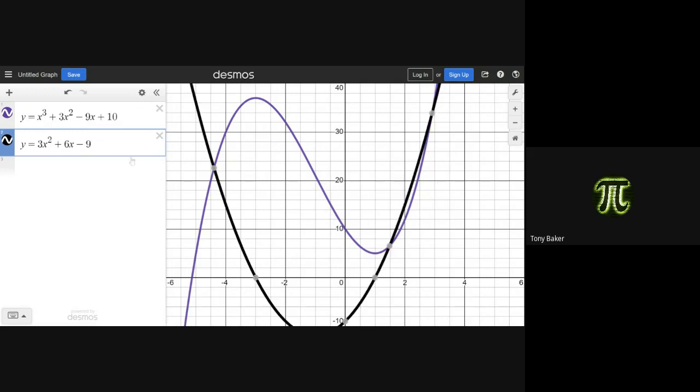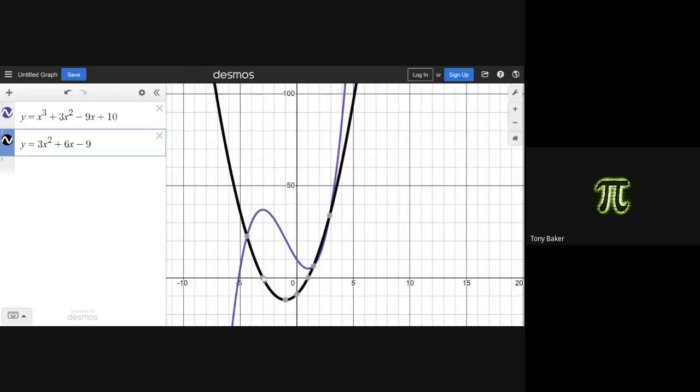If we graph the derivative of this one, we can see it's got my zeros at those points. And now we can also tell that between -3 and 1 is the only place where the graph is decreasing. It's a negative slope. So that derivative is going to give us a lot of information about that graph.